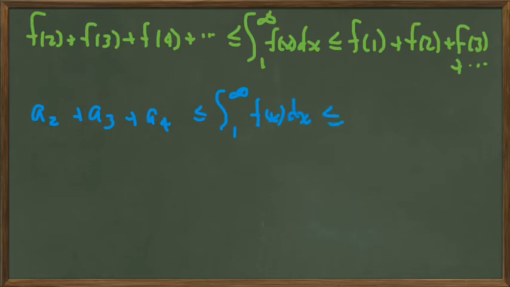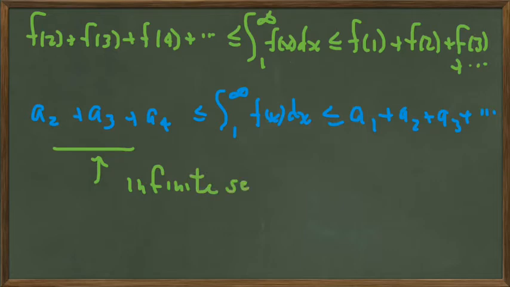And then we continue with this naming convention, a1 plus a2 plus a3 plus dot dot dot. This notation with the a's is the infinite series notation, and this notation up here is the function notation.